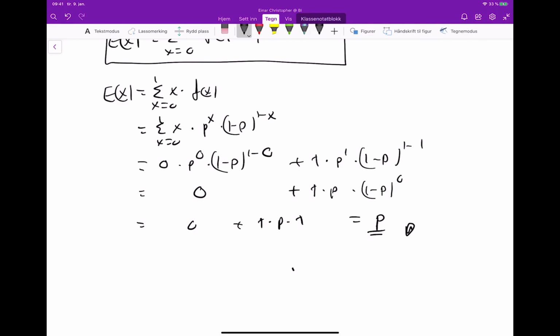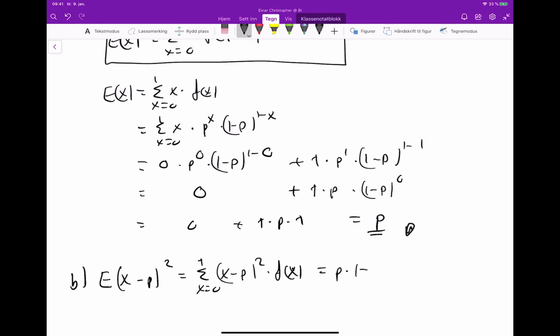Here we are going to show that the expectation for x minus p in the power of 2 equal the sum x equals 0 to 1, x minus p in the power of 2 times f of x is equal p times 1 minus p.